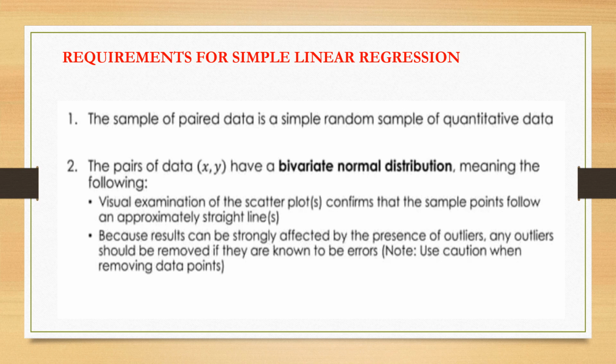The pair of data, that is x and y, have a bivariate normal distribution, which means visual examination of scatter plots confirms that the sample points follow an approximately straight line, because results can be strongly affected by the presence of outliers. Any outliers should be removed if they are known to be errors.